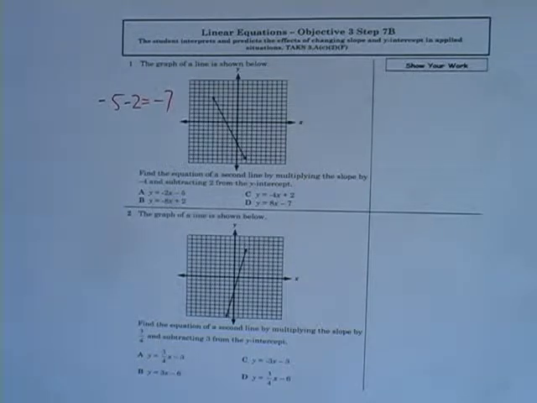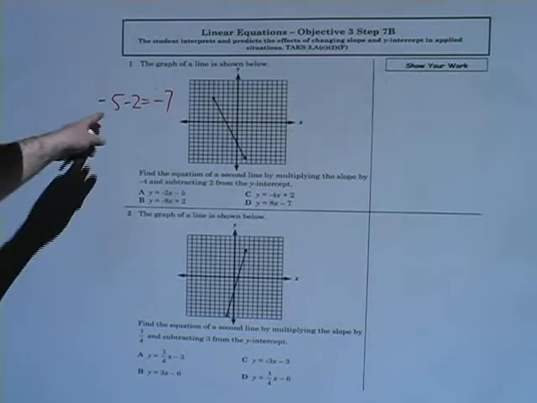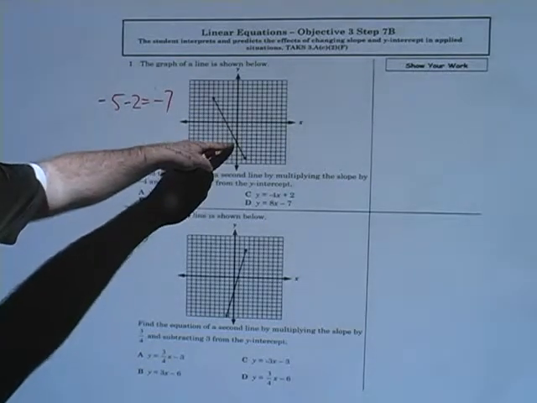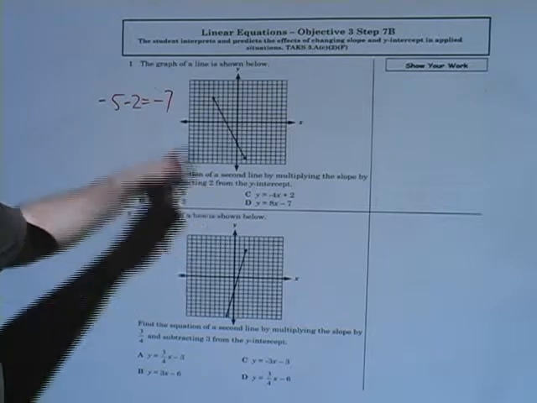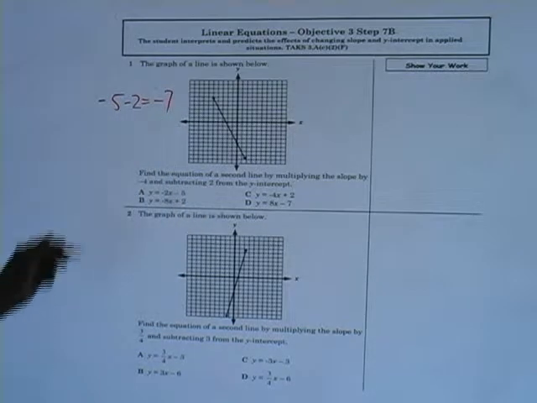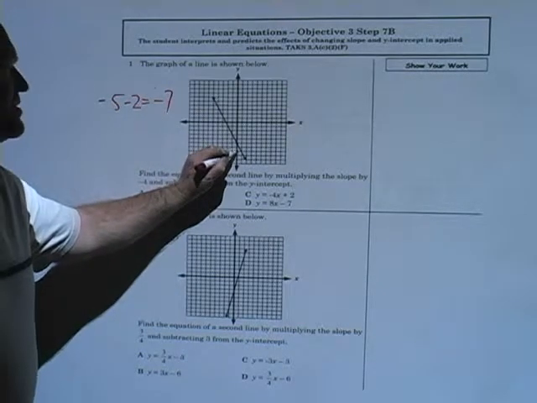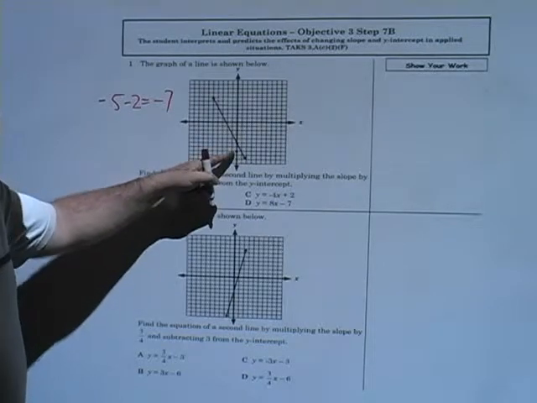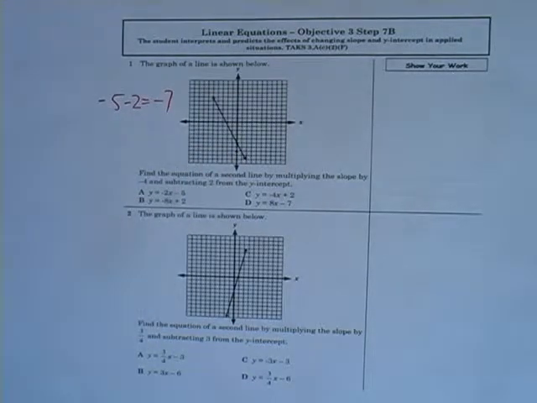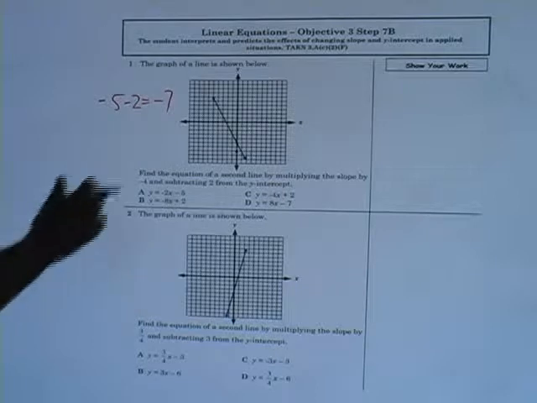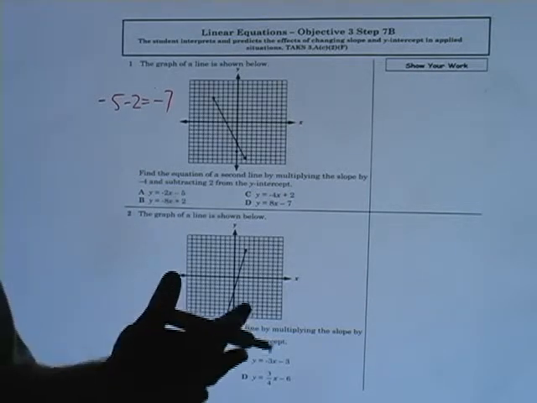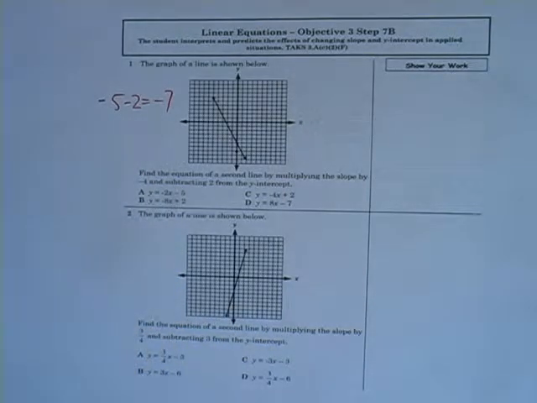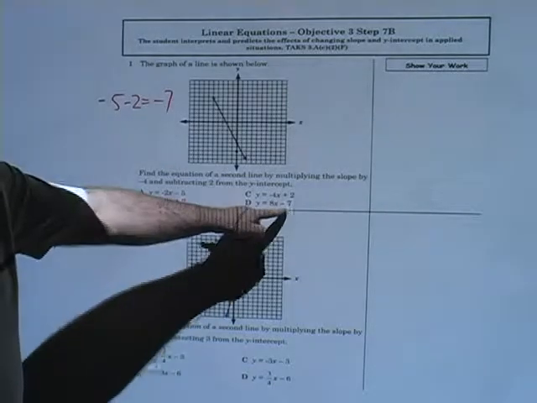Don't get confused with sign number rules. Just use your calculator. -5 subtract 2 gives you -7. So our new y-intercept is going to be right here at -7. And our slope, you can tell what the answer is already, because there's only one answer there that has a y-intercept of -7. It's this one.